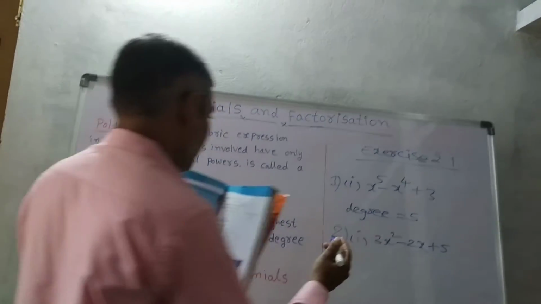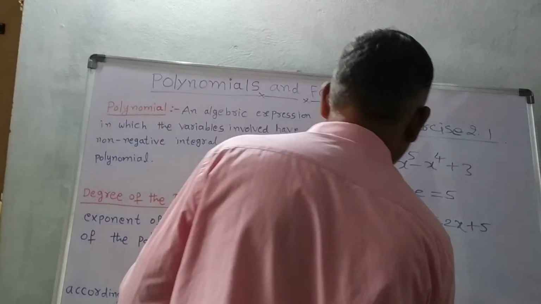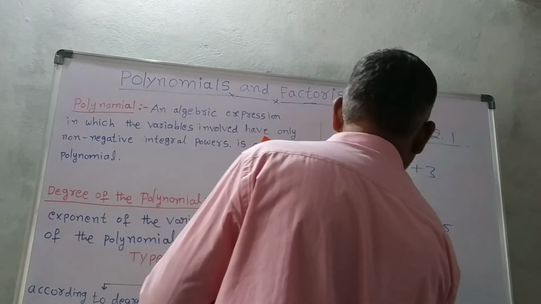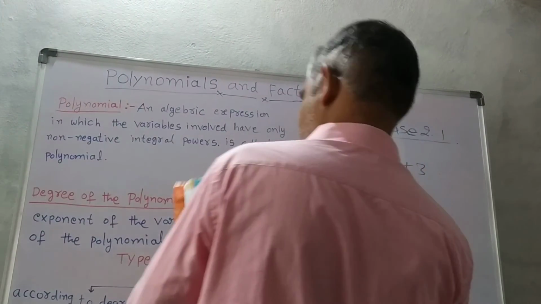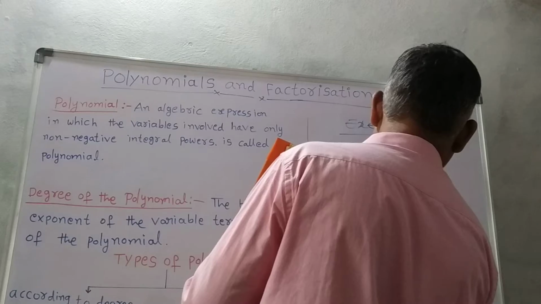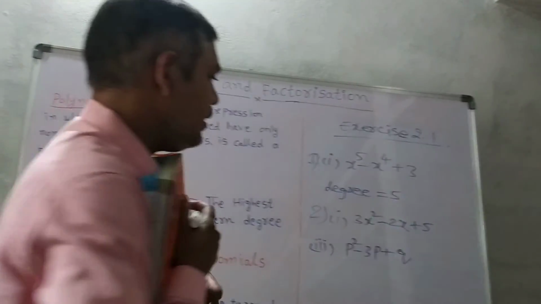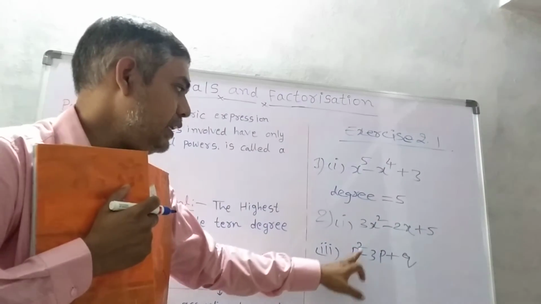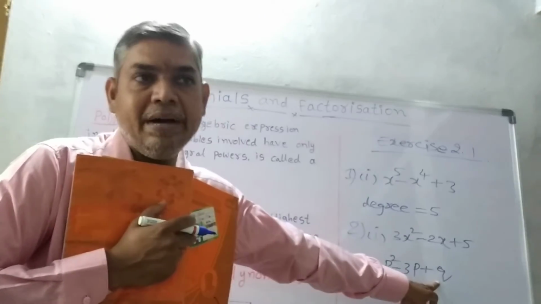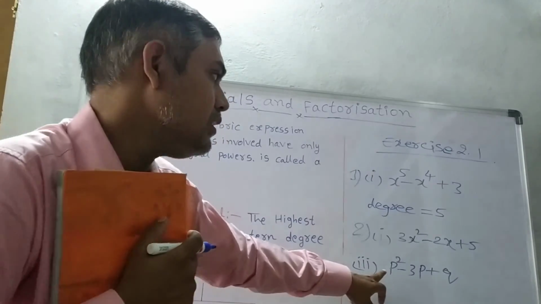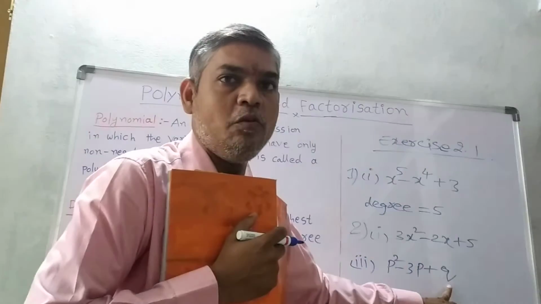Next, third one, bit number 2, question number 3. p square minus 3p plus q. According to our definition, p square minus 3p plus q is a polynomial, but this polynomial is with two variables. p and q are two variables.